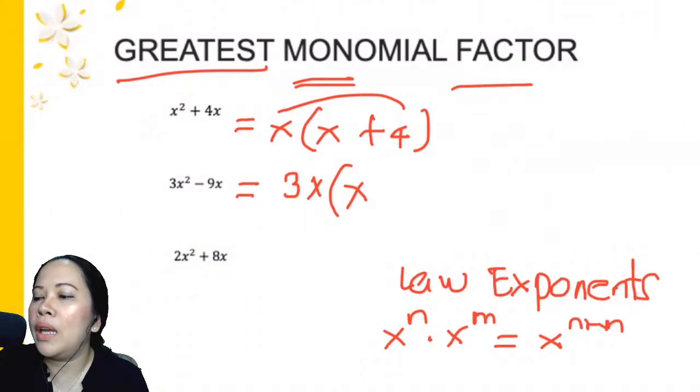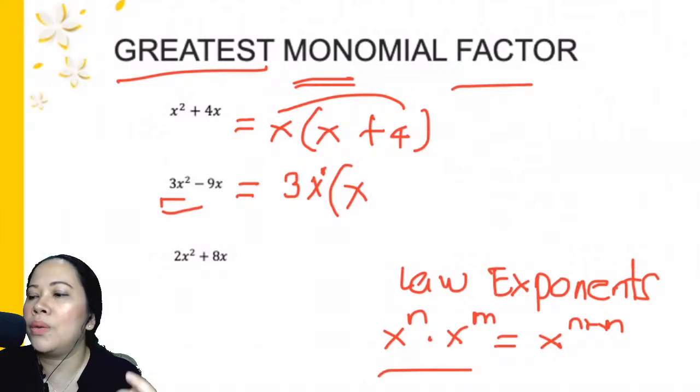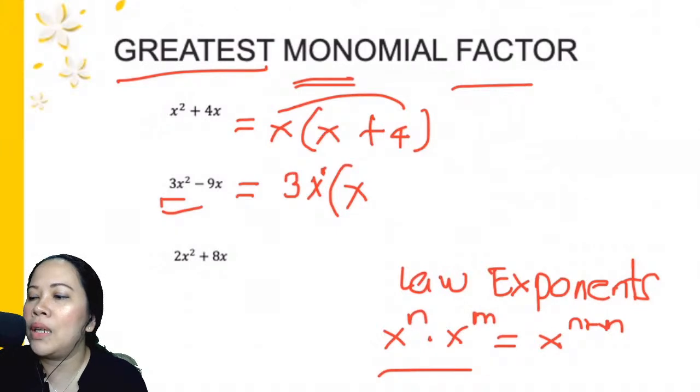That's the reason why here this is understood to be 1. Please do take note, if there's no other number, it's understood to be 1. So x times x will be x squared. So 3x times x, that's multiplication, so we add the powers. So 3x times x will give us 3x squared. And of course the sign is minus.